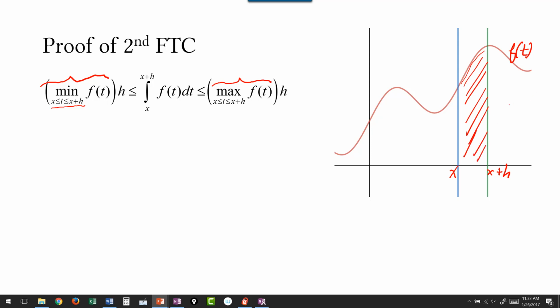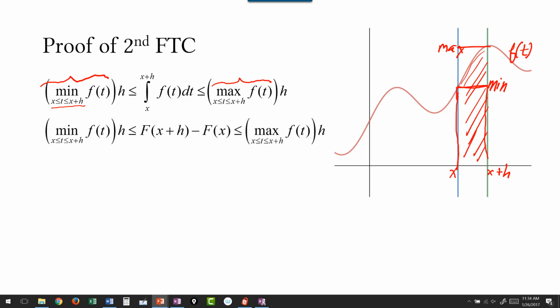And this first inequality says that integral is going to be bigger than if I took the smallest value for f on the interval and multiplied by h. But the integral there would be smaller than if I took the largest value for f. So there's my max value. There's my min value for f on the interval x to x plus h. And so the integral then is sandwiched between these two rectangles.